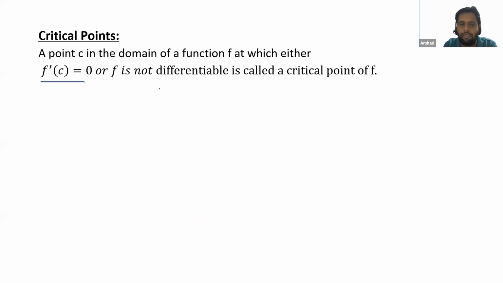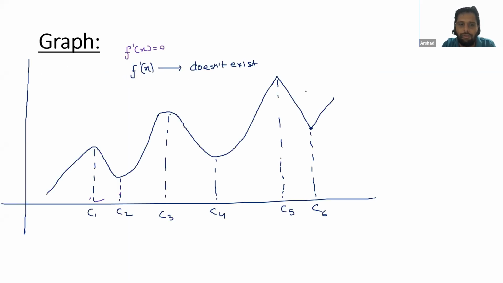We have already discussed this, so I hope this point is clear to you. For example, here this is a critical point because the slope of the tangent will be 0, or the function is not differentiable, that is at the corner point.